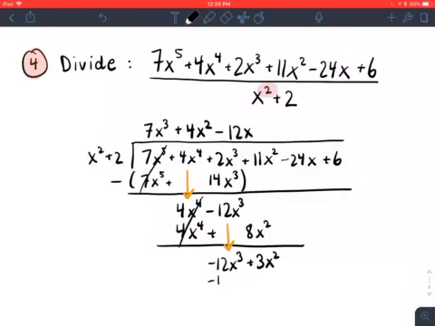This will get us negative 12x to the third minus 24x. But notice that once again, that does not match with our term. So I will write that off to the side so that it is under the negative 24x.